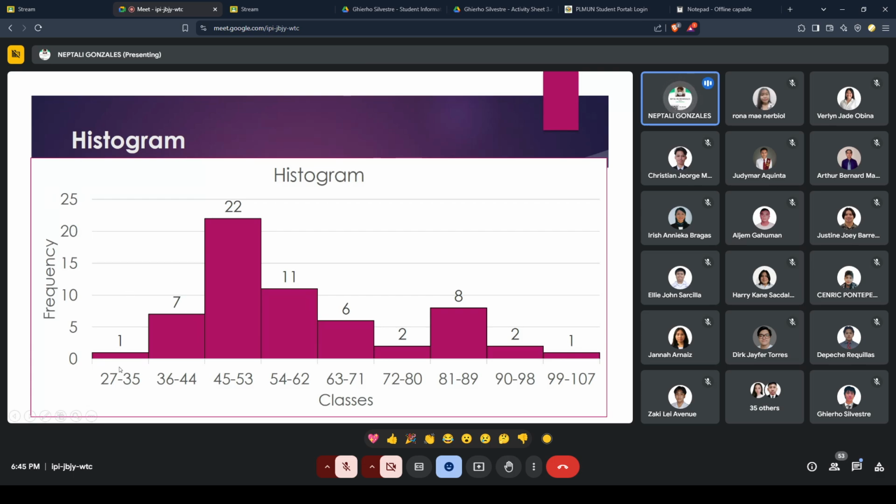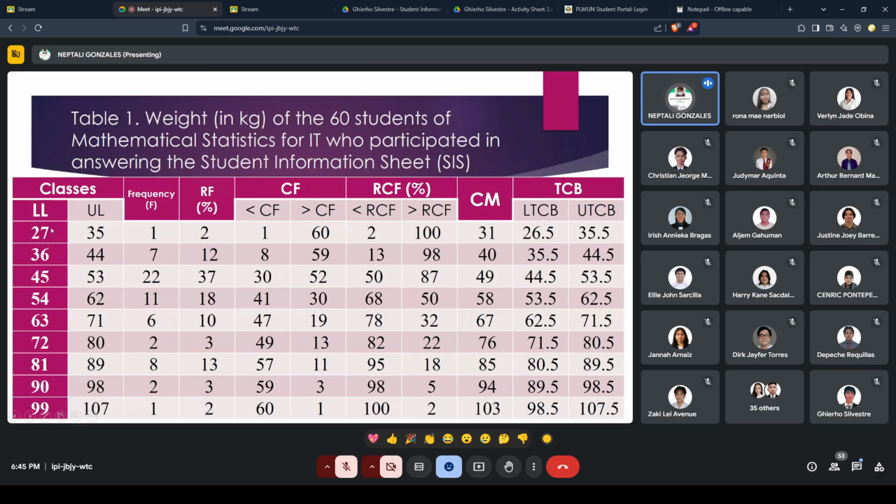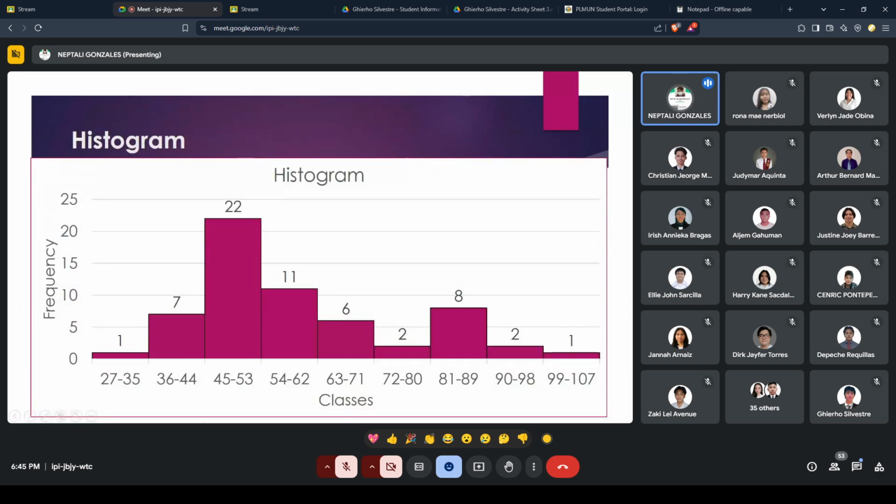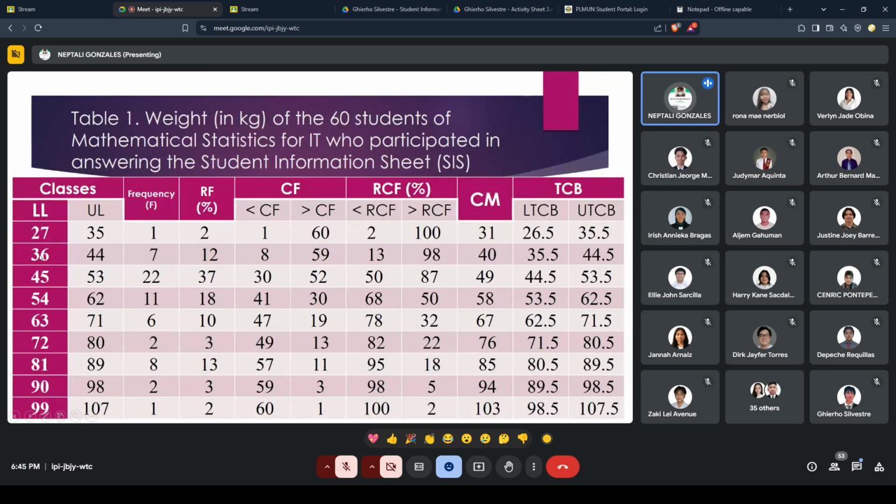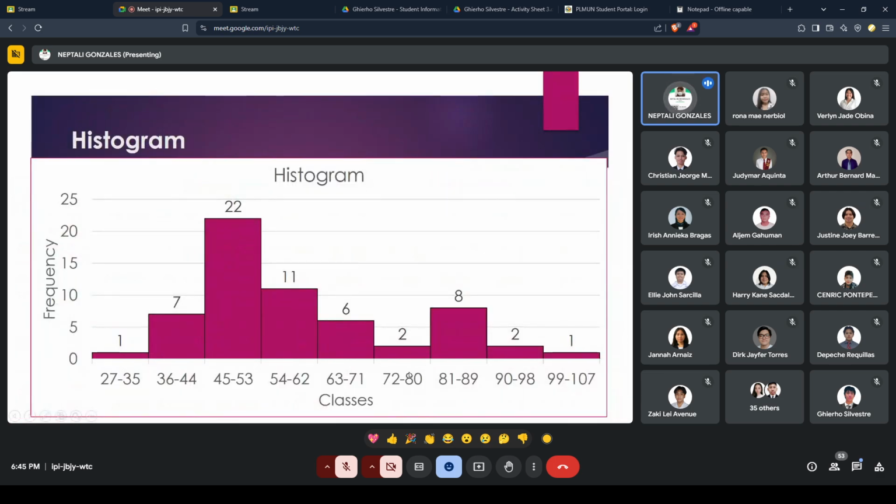We just have to reflect that 27 to 35 has only one frequency, 36 to 44 has 7, and 72 to 80 has 2. There are no gaps in the histogram of a frequency distribution table.